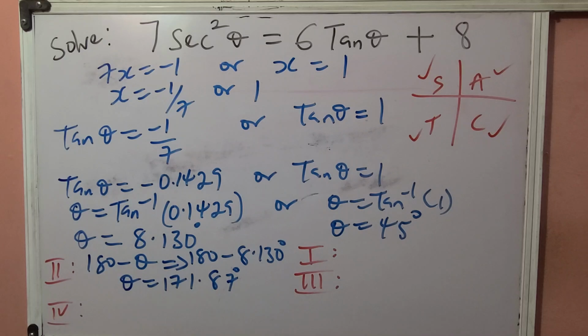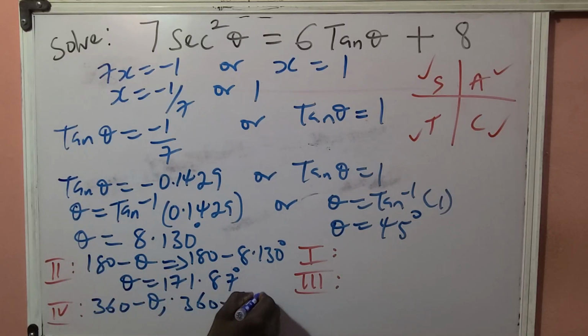While for the fourth quadrant, the rule is 360 minus theta. So I have 360 minus 8.130 degrees, and that gives me a theta value of 351.87 degrees. So that's how we solve questions like this.